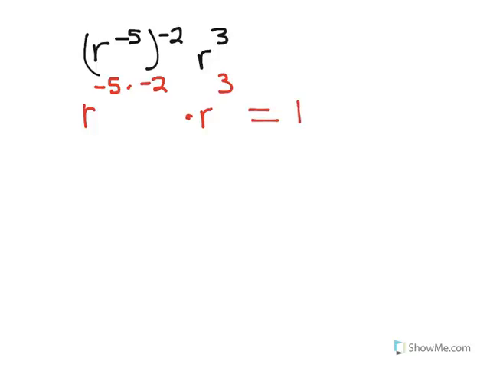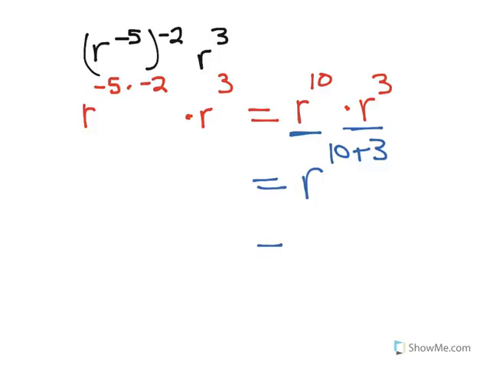So this equals r to the, negative 5 times negative 2 is a positive 10, times r to the third. We have the same base, so we keep that r and add the exponents, 10 plus 3. So our final answer is r to the 10 plus 3, or r to the 13th.